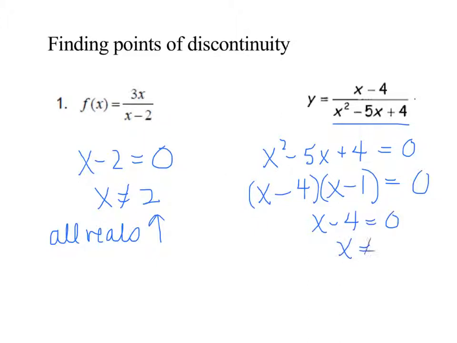So x cannot equal 4, and x cannot equal 1. So the domain of this function, or the points of discontinuity, are 4 and 1. And so that would be where either an asymptote or a hole would be located, at the points of discontinuity.